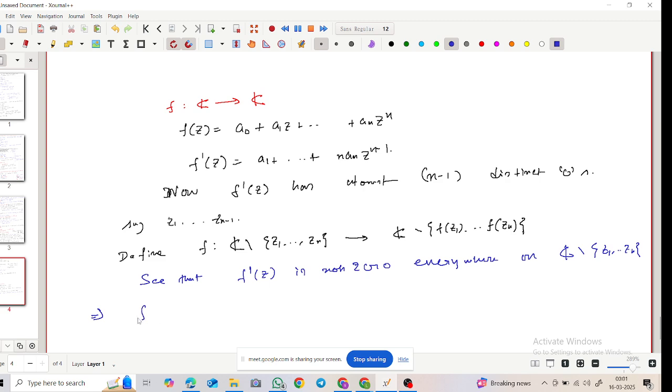So f is a local biholomorphism. We will do every such thing in our complex analysis course, don't worry.